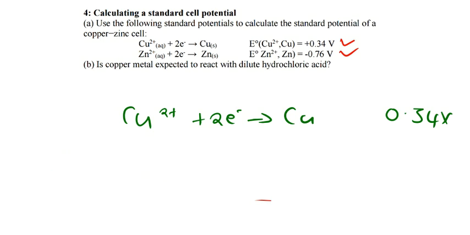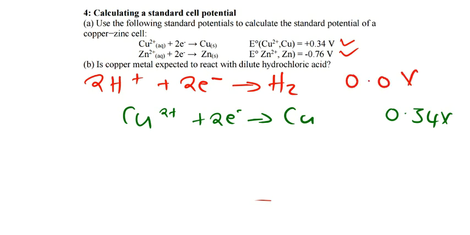So the equations that would be involved is a reaction between copper and hydrogen in the acid. Okay, so the equation for hydrogen is that, which is the reference equation with a reduction potential of 0.0 volts. So how do you tell that a metal is able to react with hydrochloric acid?